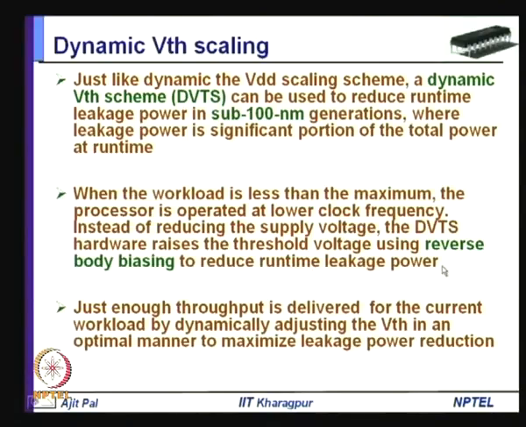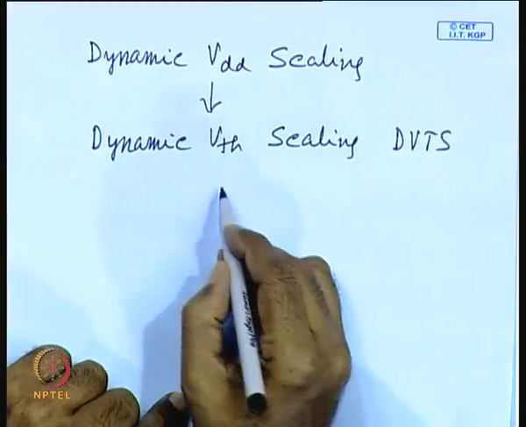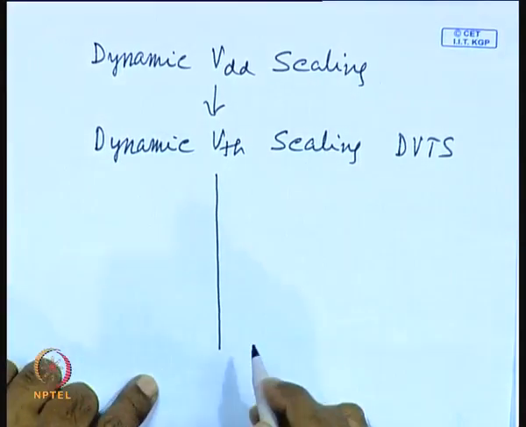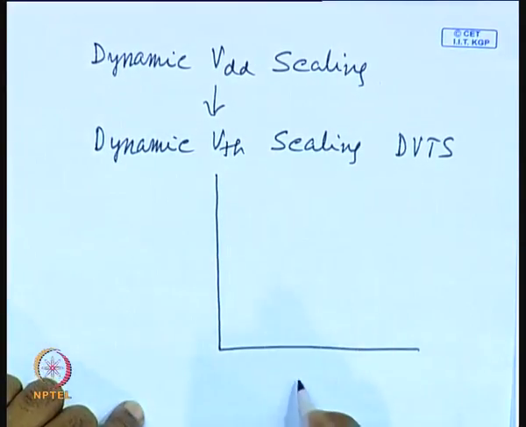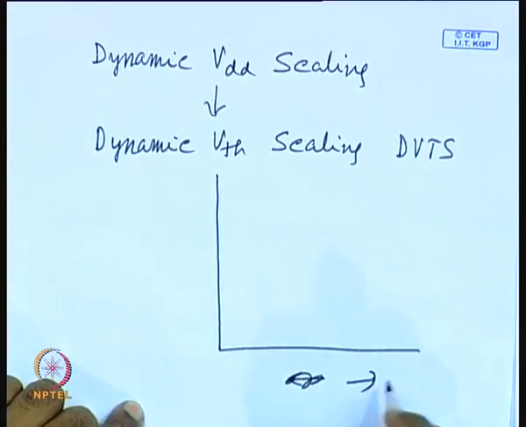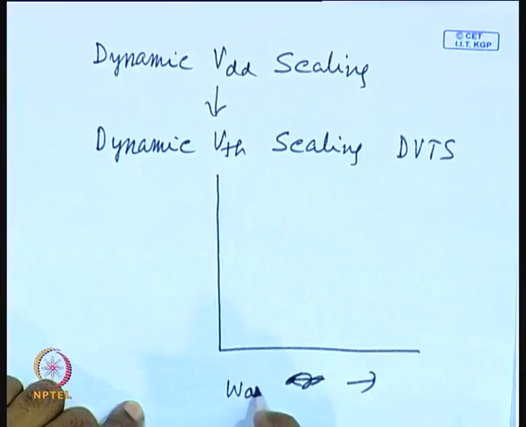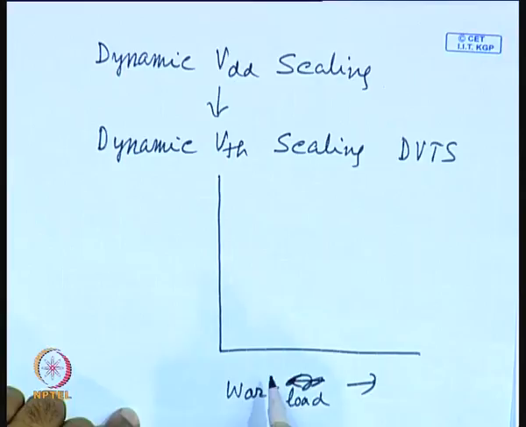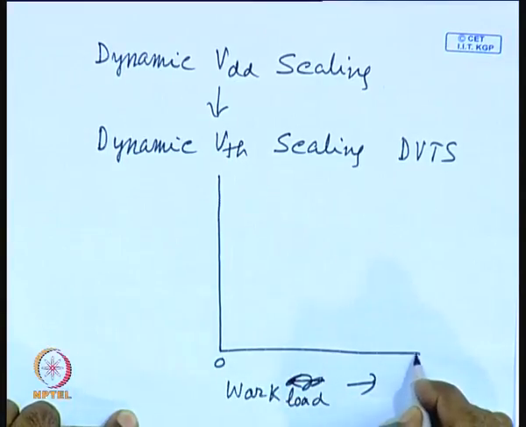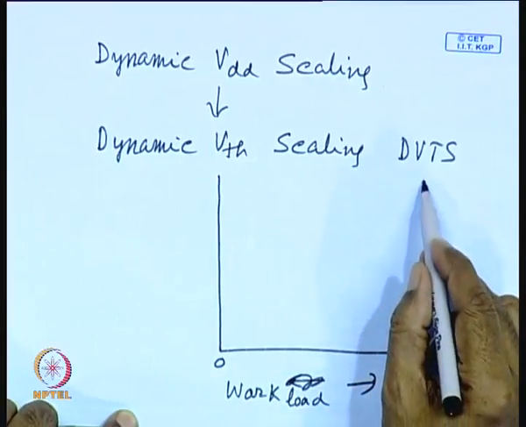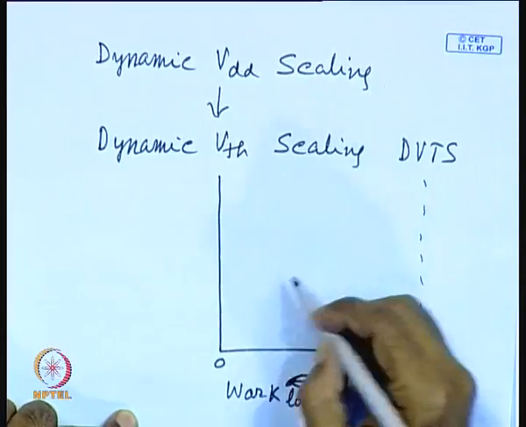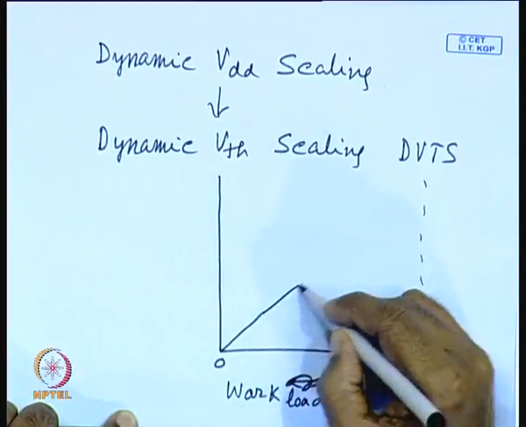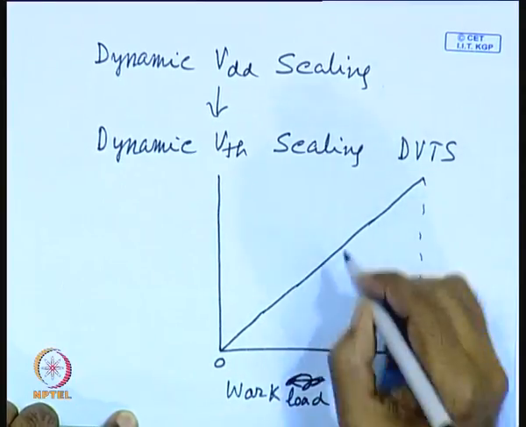So, earlier what you have seen, if we plot, let us assume this is the workload. So, workload, let us assume here it is 0, here it is 100%. And earlier we have seen, as the workload is reduced, if only frequency is scaled, the power dissipation can be reduced in this way.